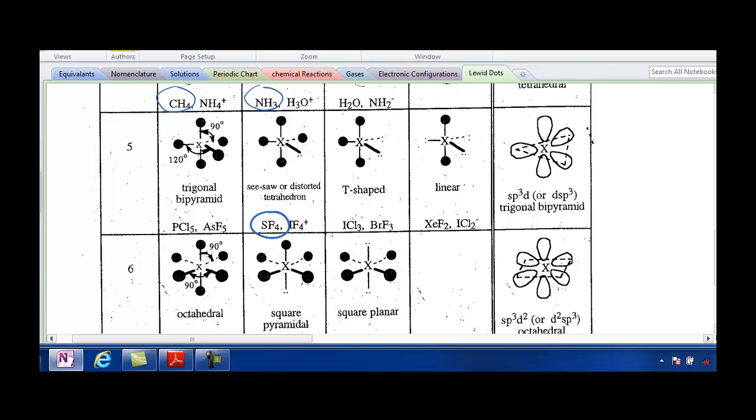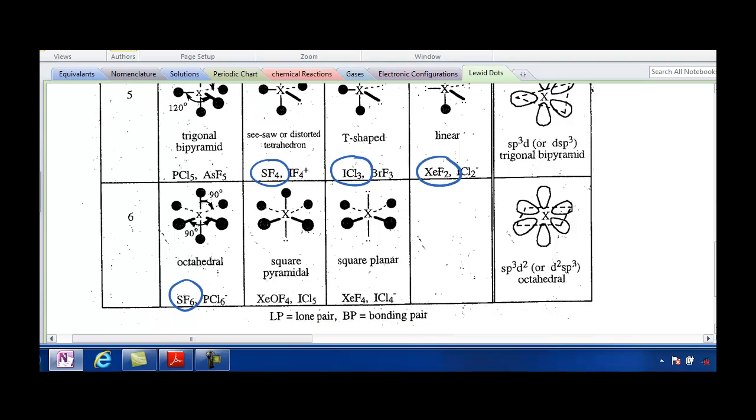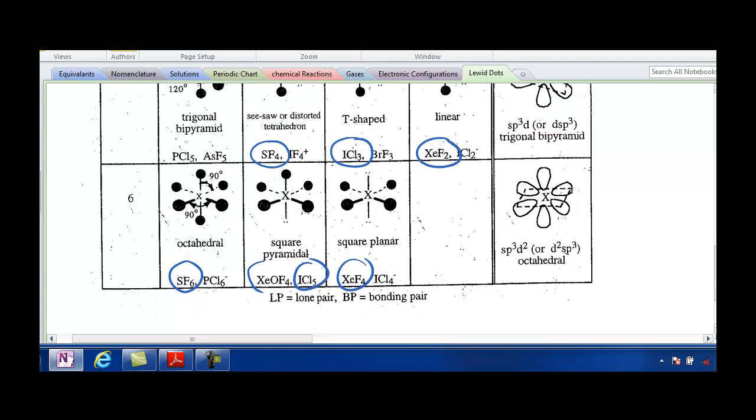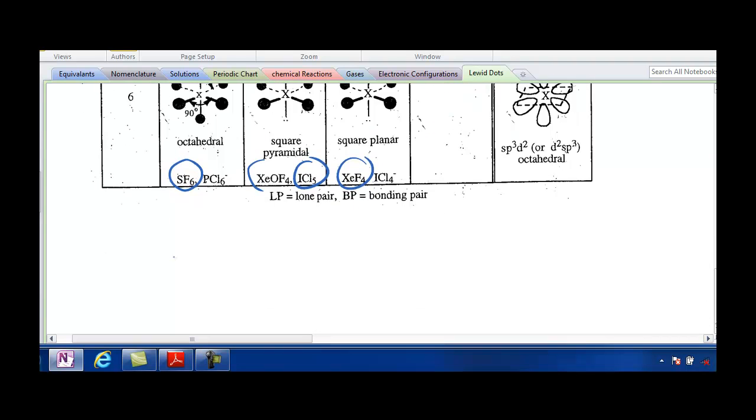Okay, so I'm going down this route, and then we will continue to do a few more. So SF4. Same question. Give me electronic geometry, molecular geometry. What do I first do? SF4. Lewis. Sulfur in the middle. Fluorine, fluorine, fluorine, fluorine, and nothing else.